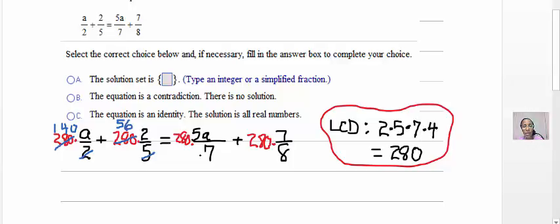Seven divides into 280 40 times. 8 divides into 280 35 times. Okay, so we have 140 times A.